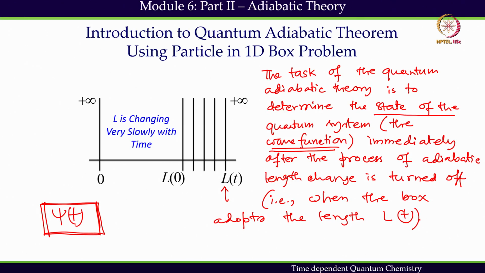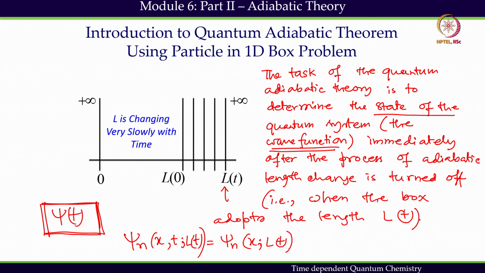And we can remind ourselves that we have already seen that each nth state wave function can be expressed as psi n x L t, where L actually depends on t at that time.